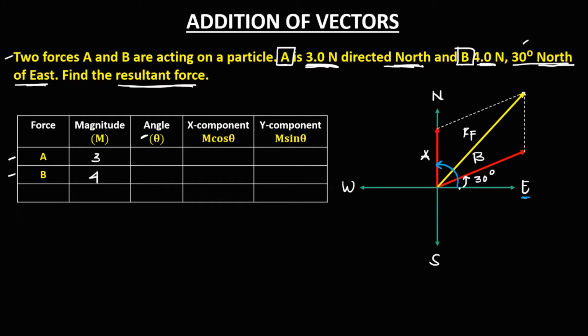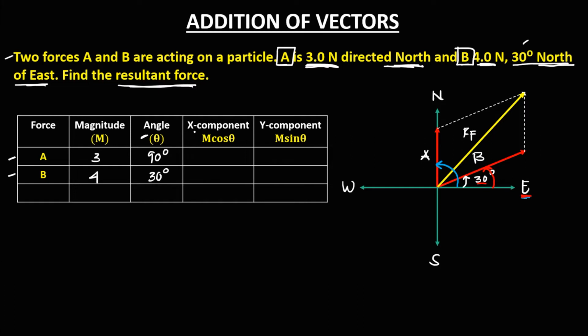Therefore for force A, theta is equal to 90 degrees. Then for force B, again the angle always starts from the east, so from the east to force B, the angle is 30 degrees.